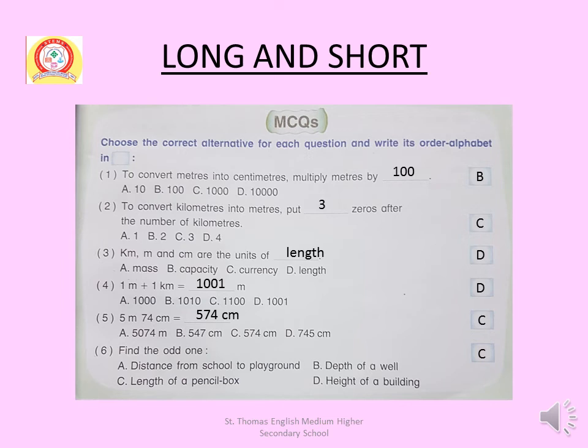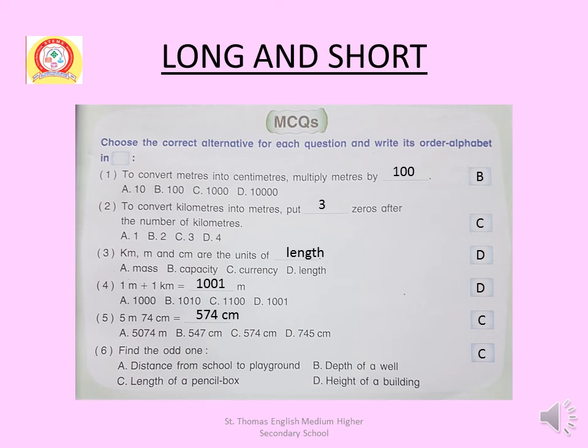Number 4, 1 meter plus 1 kilometer equal to 1001 meter. How? You have to add 1 meter and 1 kilometer. Here you have two different units of length, meter and kilometer. Kilometer is a larger unit.